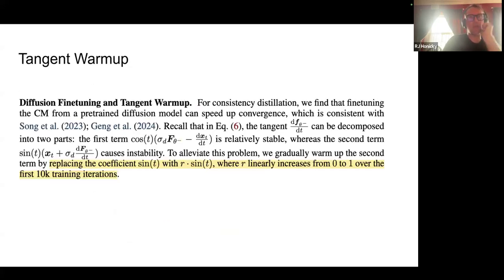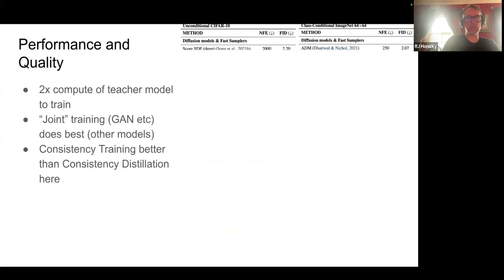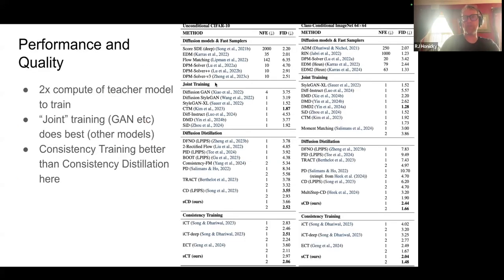Okay. And then I talked about the tangent warm up, continuous versus discrete. Okay. So here's the part that everybody should be a little more comfortable with, hopefully, which is just evaluating models. You have this NFE, which stands for number of function evaluations.